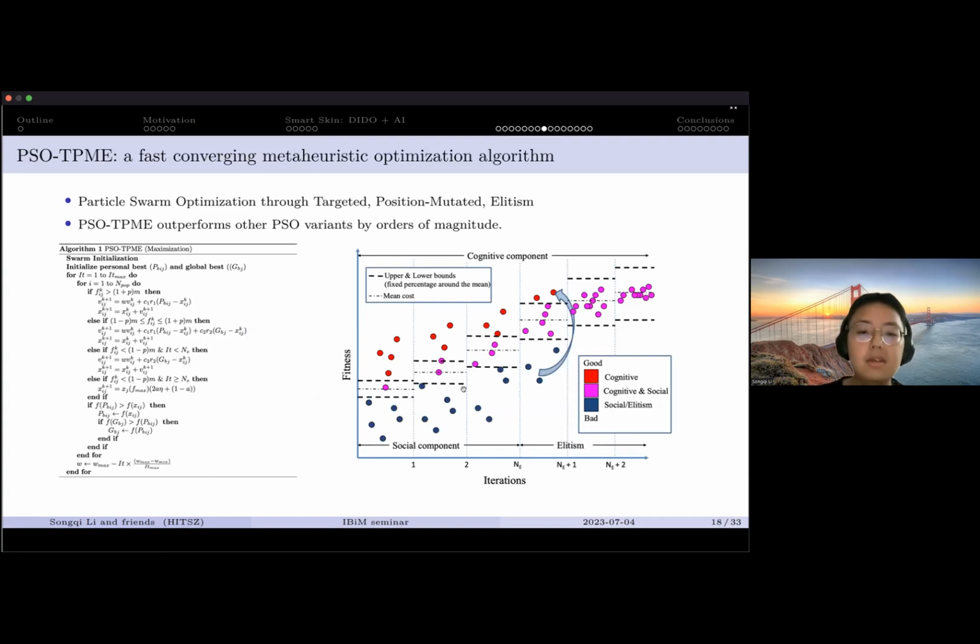This is basically a similar schematic, but because in the original publication it is posed in a maximization framework, here all the algorithms and schematics are under the maximization framework. With this targeted position mutated elitism, this algorithm can outperform other PSO variants by orders of magnitude.